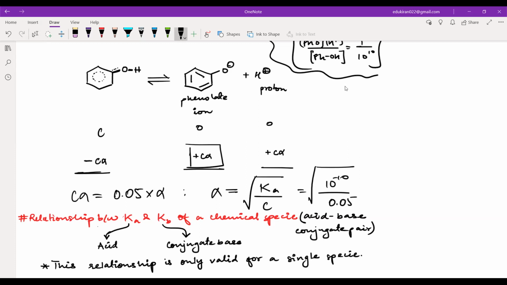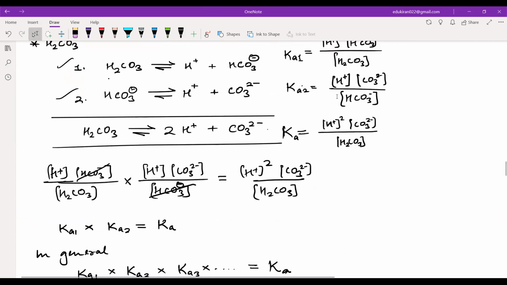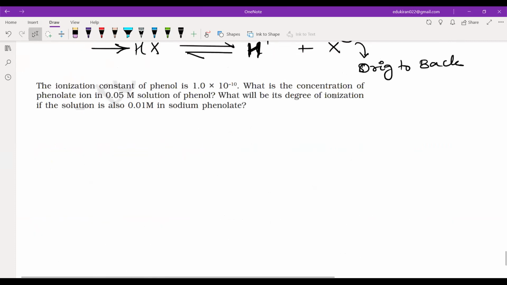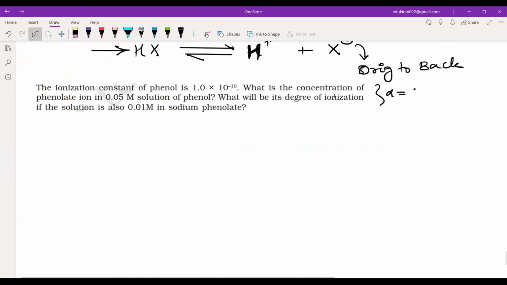So this is equal to 4.4 into 10 to the power minus 5. So let me write here alpha is 4.4 into 10 to the power minus 5.